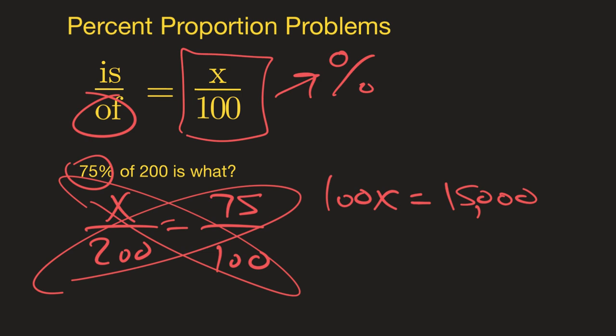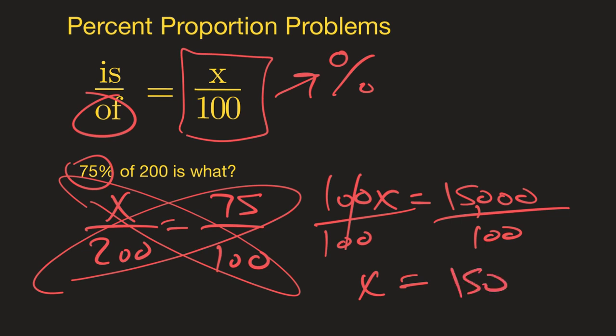So 100 times x is 100x. 75 times 200 is 15,000. How do I solve? Divide by 100. And guys, dividing by 100 basically just knocks 2 zeros off that 15,000. So that should be 150.